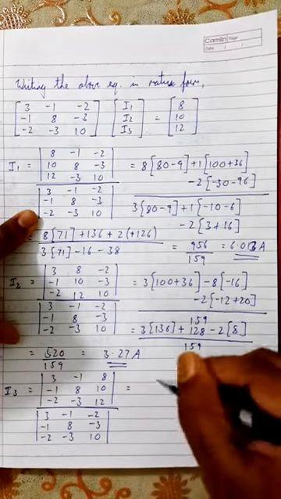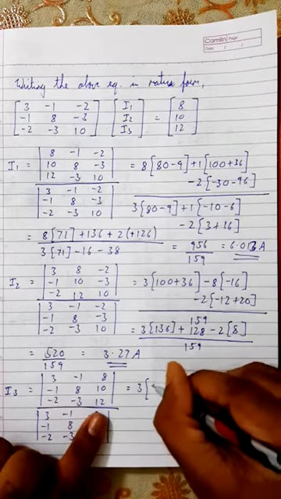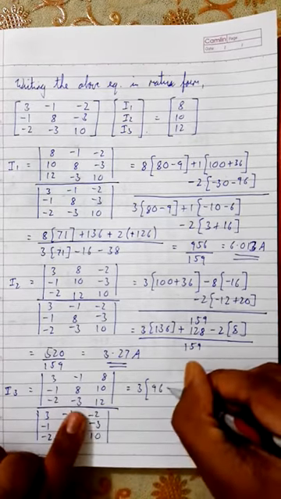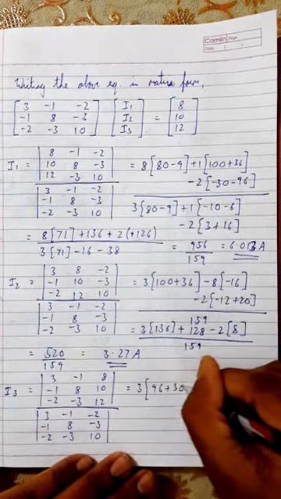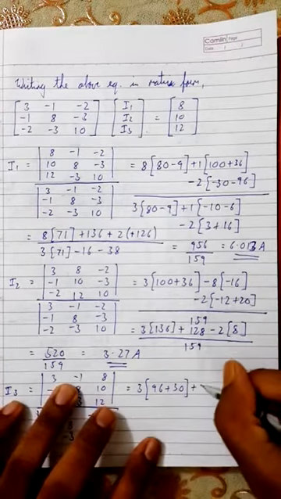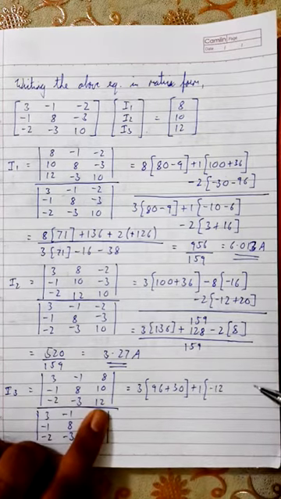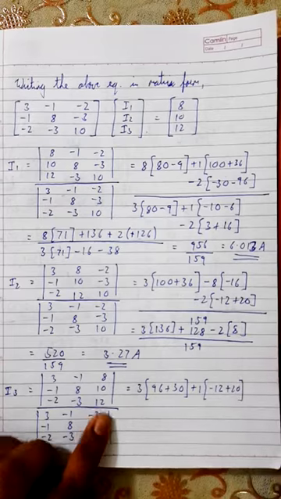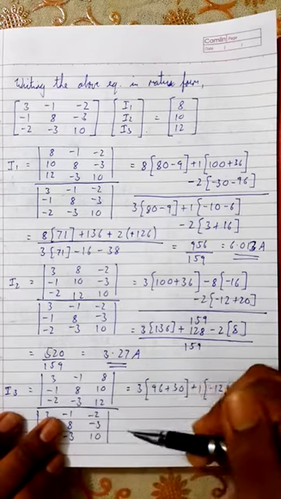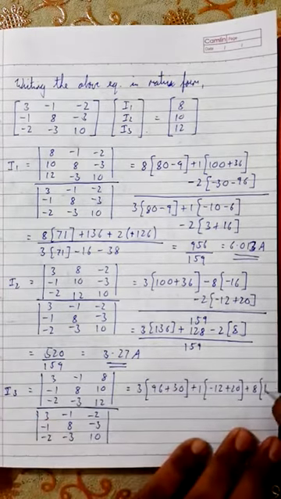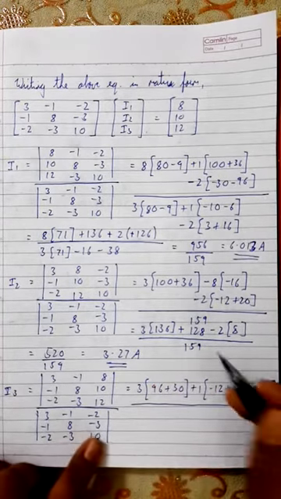Okay, so this is equal to 3 into 8 into 12 is 96 plus 30, right? Minus of minus is plus, plus 1 into minus 12 plus 20, and you have plus 8 into 3 plus 16, which is again 19. The whole thing divided by the denominator, which will be the same, that is 159.